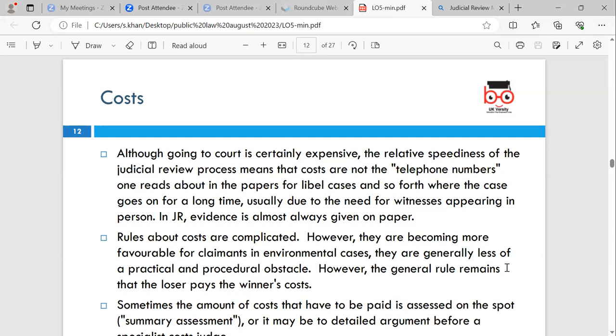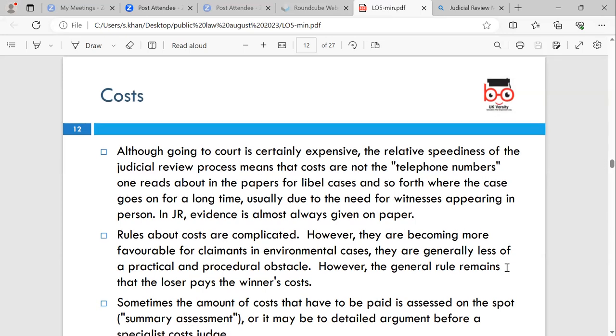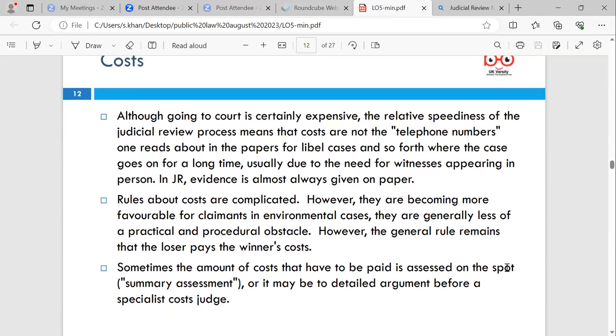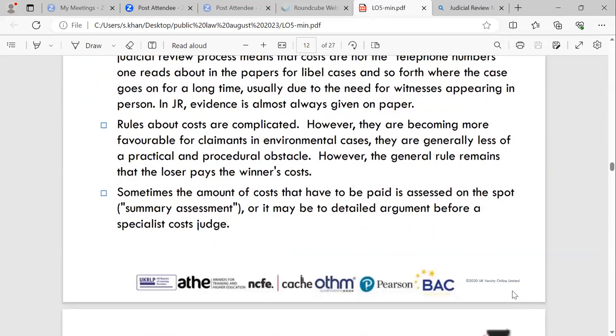If you are considering bringing a judicial review or statutory challenge, you would need further advice in regard to costings. Sometimes the amount of costs that have to be paid is assessed on the spot, which is summary assessment, or it may be detailed argument before a specialist costs judge.